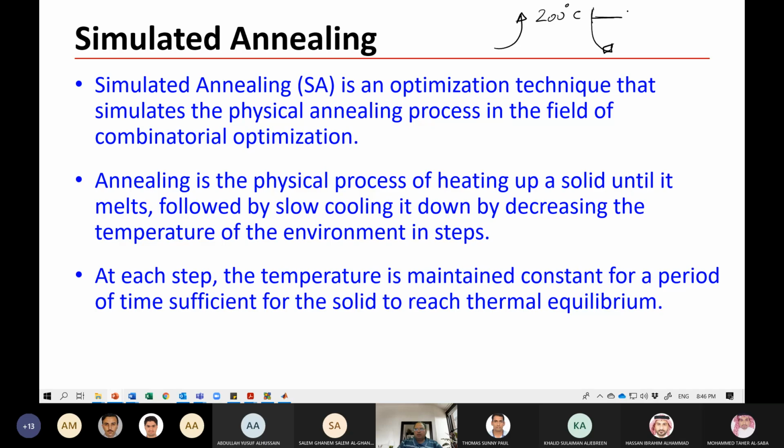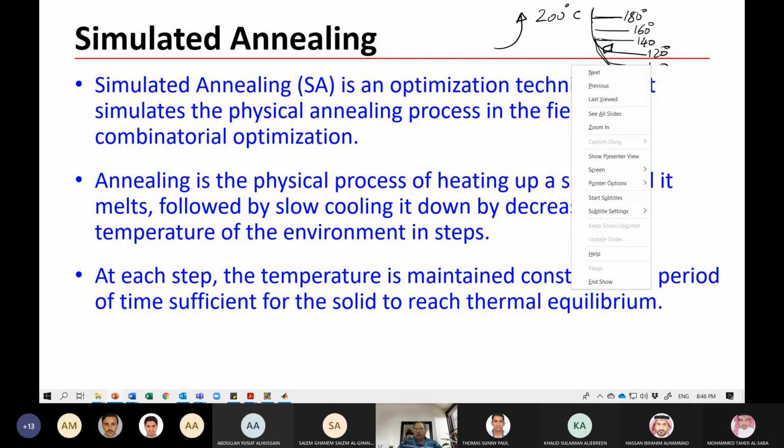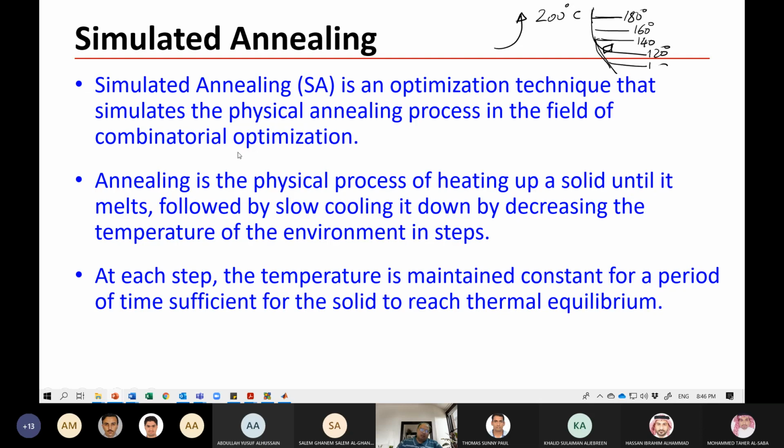So, for example, 180 degrees, 160 degrees, 140 degrees, and you wait, and then you cool it down to 120 degrees and wait until you reach the thermal equilibrium, or the molecules arrange themselves in a certain position. There is no other change. And then you reduce it to 100 degrees, and you continue decreasing it in steps.